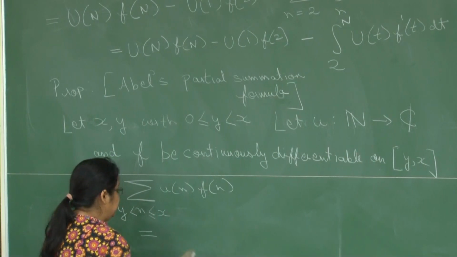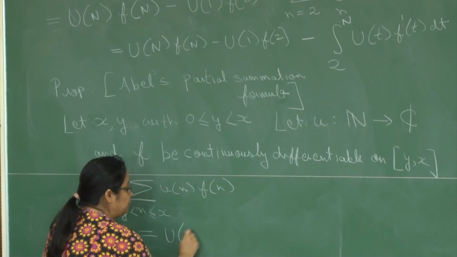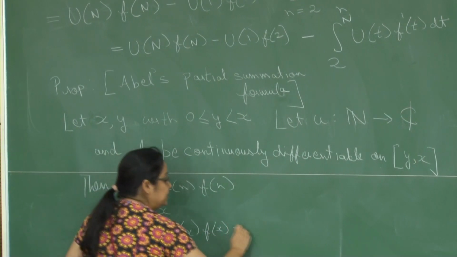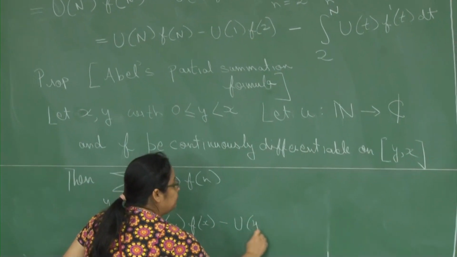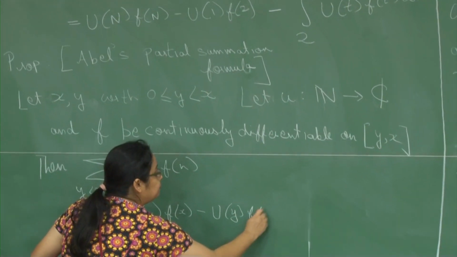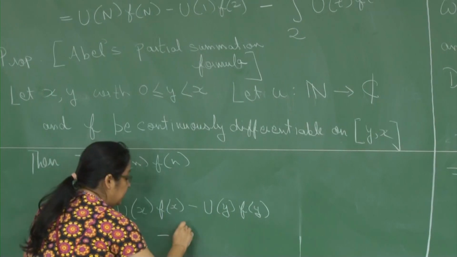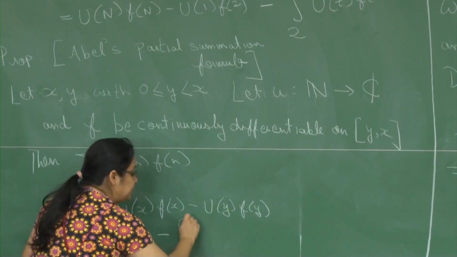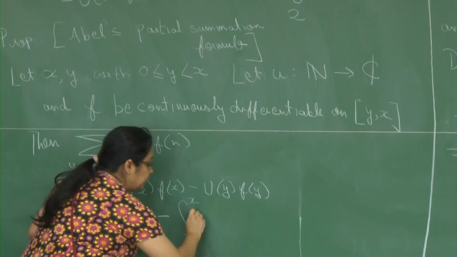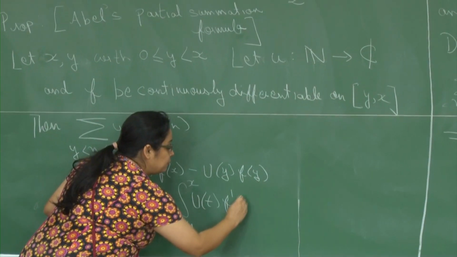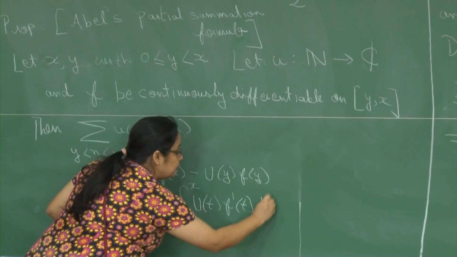This is basically equal to capital U of x f of x minus capital U of y f of y, minus the integral y to x of capital U of t f prime of t dt.